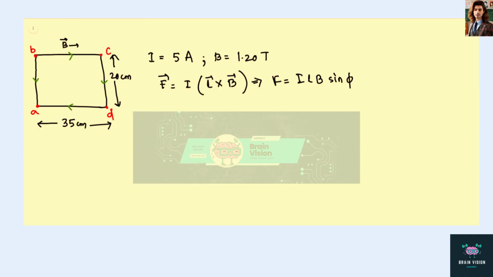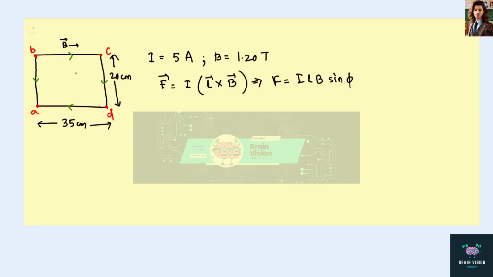So for these two segments, force will be zero because the cross product is zero. Now for the other two segments, we can find the force by the right hand rule applied to the directions of the current and the magnetic field. Now the torque due to a force is equal to force times the perpendicular distance between the axis and the line of force.